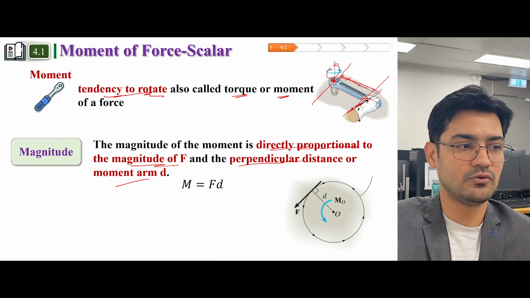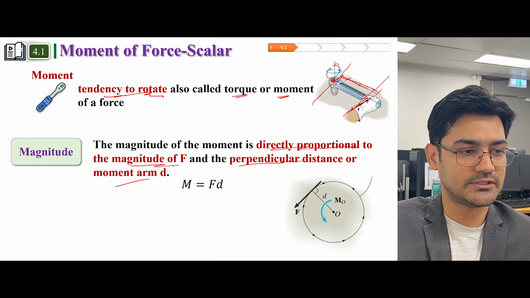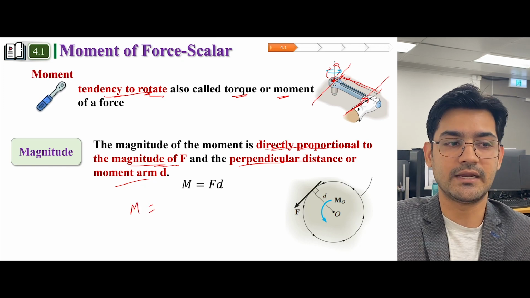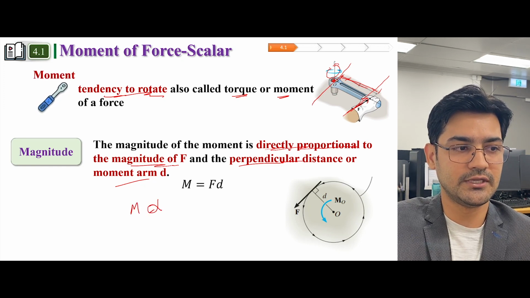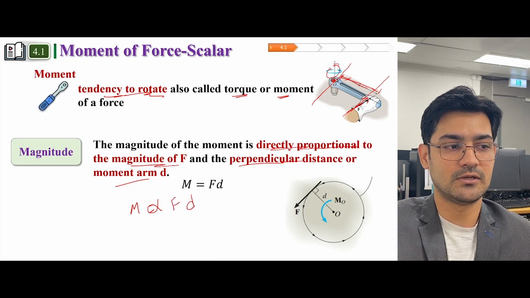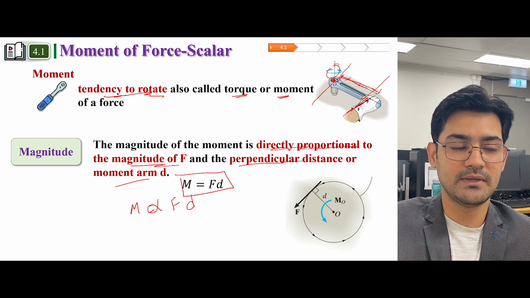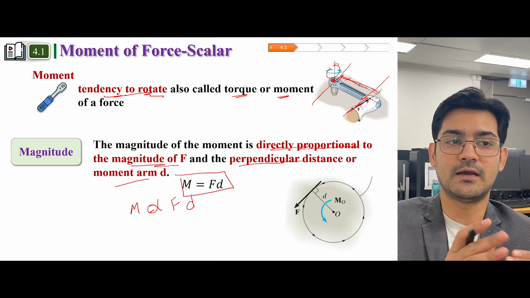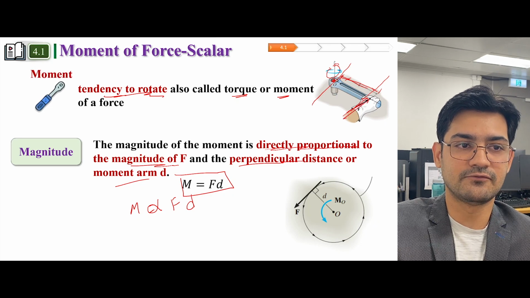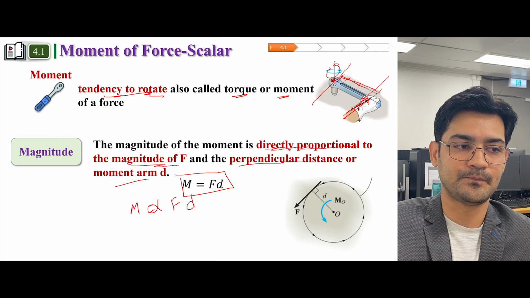So if you look at how we mathematically quantify the magnitude, it says that the magnitude is directly proportional to the magnitude of force F and the perpendicular distance or moment arm d. So what it would mean is that if you increase the force, then you will increase the rotation, that is the moment.